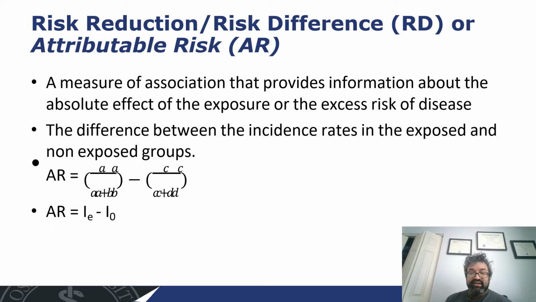Attributable risk. Attributable risk gives you the value for number needed to treat. So the incidence in exposed minus incidence in unexposed. This can be calculated easily, and this is a subtraction.